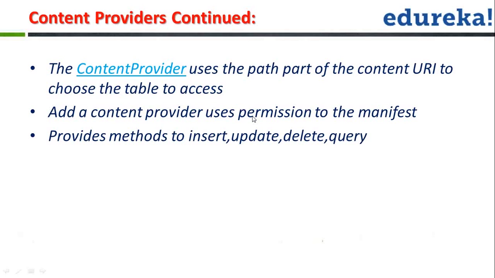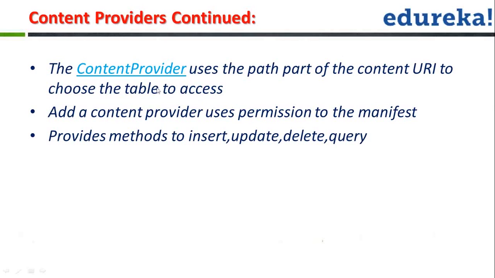So if you want to fetch the contacts from the user's phone, you have to ask the user first that this application will fetch the contacts from your phone, and it can change or delete your contacts. It provides methods to insert, delete, update, query.